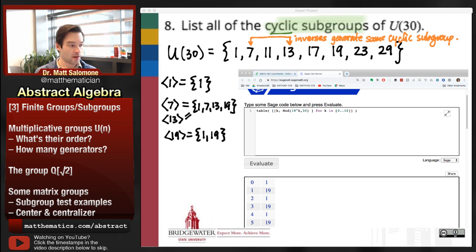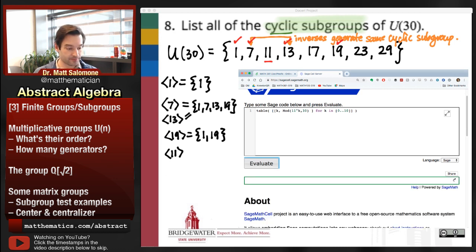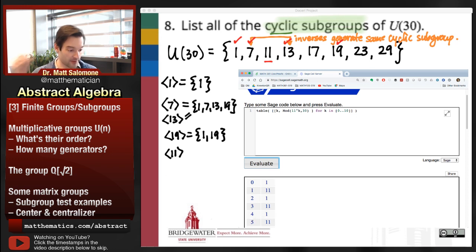All right, so what do we still have to do? We've already found the cyclic subgroup generated by 1, 7, 13, and 19. Let's take a look at some of the others. What about 11? What can I generate in U30 with the successive powers of 11? So we'll just go over here, replace our 19 with an 11. We'll evaluate, and we find out that 11 has the same property that 19 had.